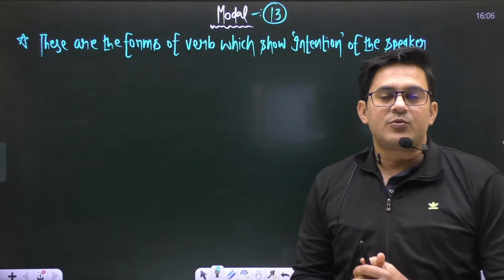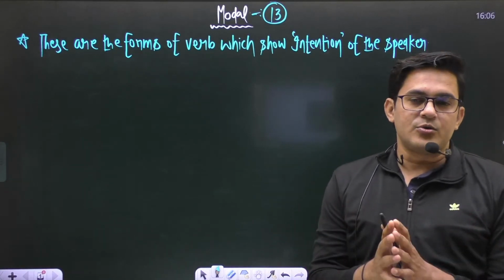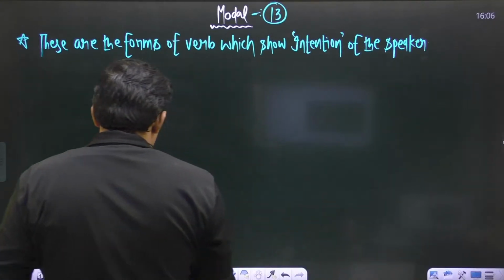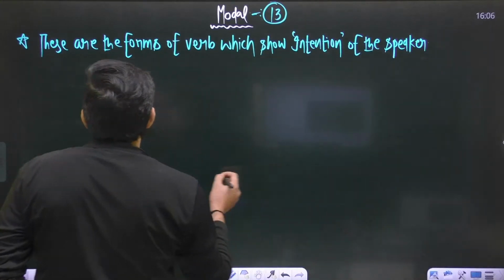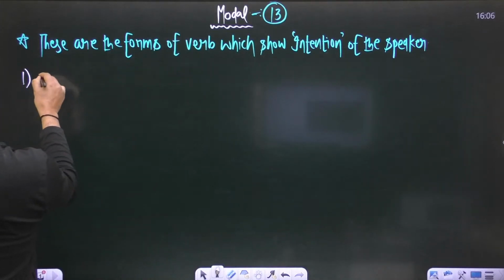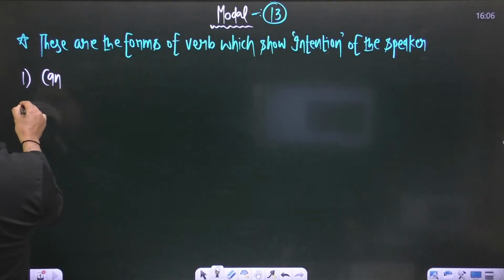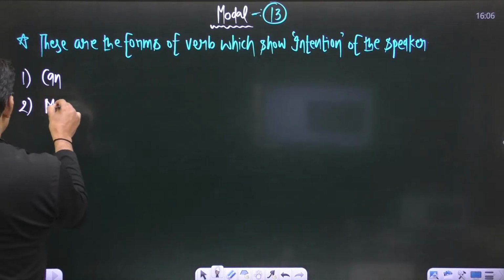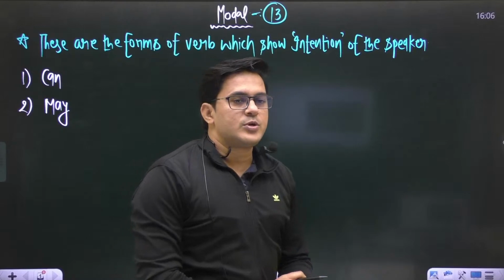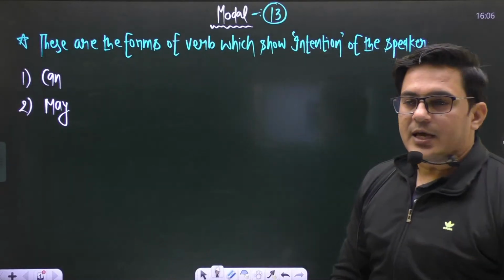In this chapter we shall cover all the different modal auxiliary verbs. Initially let us start with two of them, can and may.